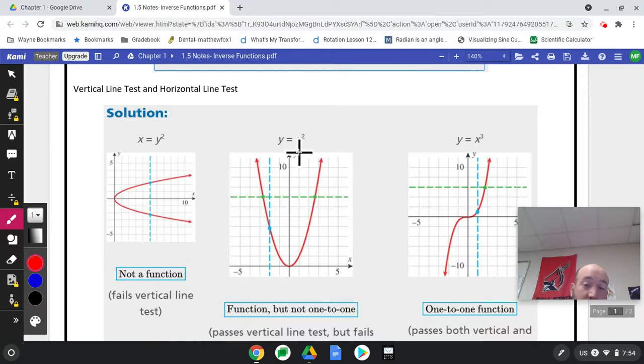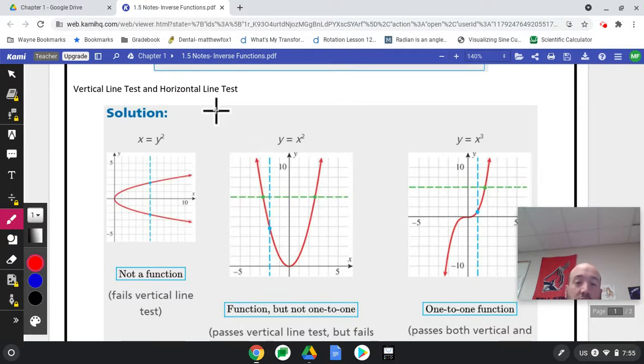Now the next one, y equals x squared. So do you see how here we have our function? Anywhere I draw a line, whether here, here, here, or where they put the blue line, it will only touch it once. There is no way to draw a vertical line and have it touch twice. So we know this is a function. However, do you see if I draw a horizontal line?